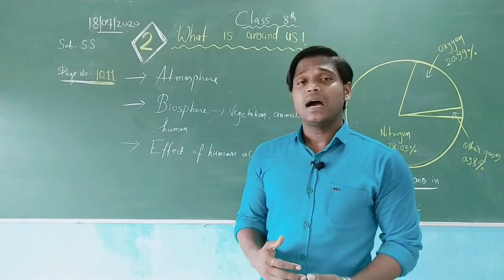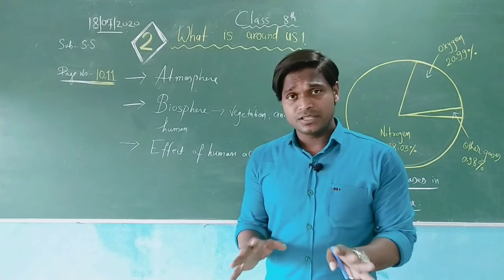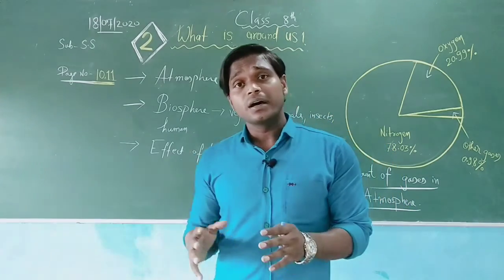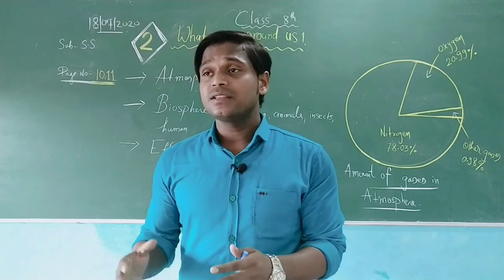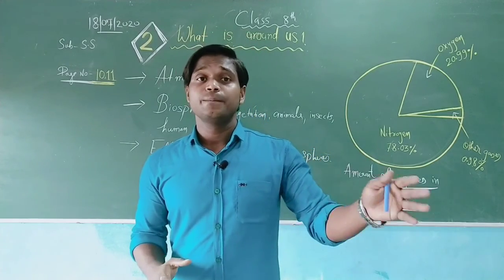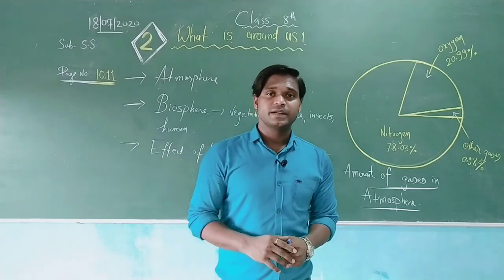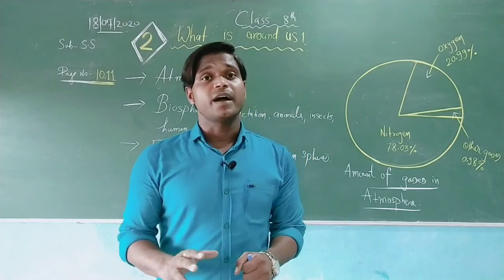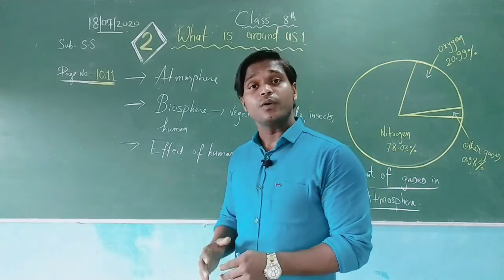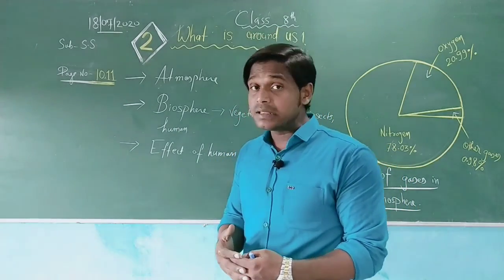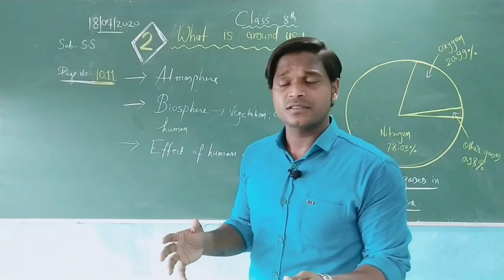Moving further, I made you understand about the hydrosphere. My dear students, I am teaching you a recap of the material from the previous lectures. For the hydrosphere, I explained what it is, what amount of water is available on the earth, and what amount of fresh water is available for drinking, for people, birds, and all living creatures.